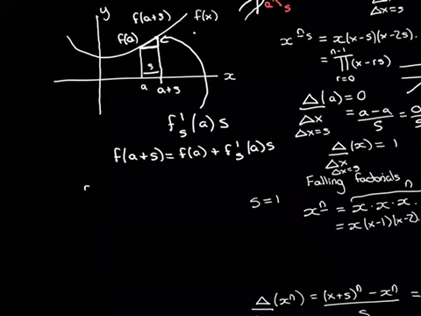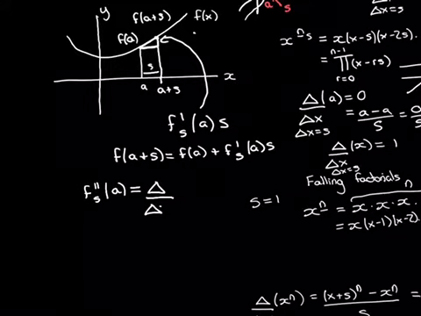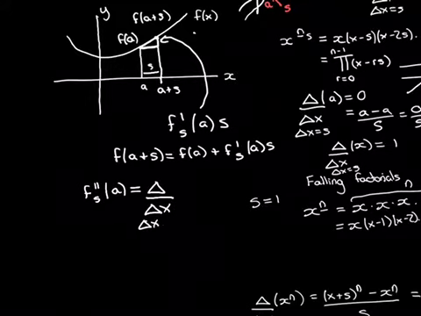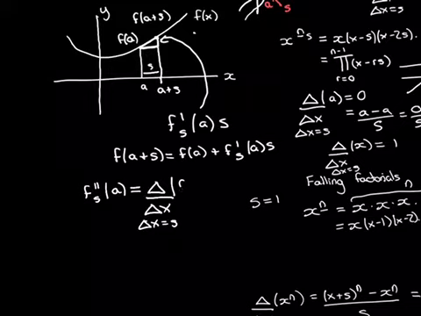So if we now talk about taking the second derivative of our function with respect to this difference and evaluating at a, what does that actually mean? Well, it is the derivative of the derivative, so it's now going to be the derivative with respect to x, as delta x is equal to s, of the first derivative f prime.